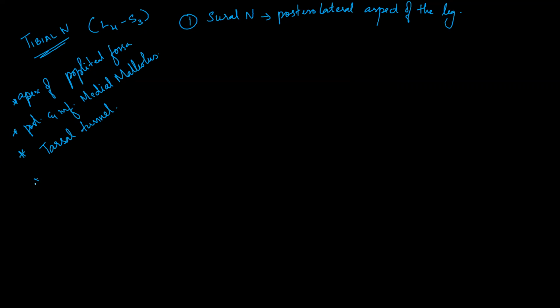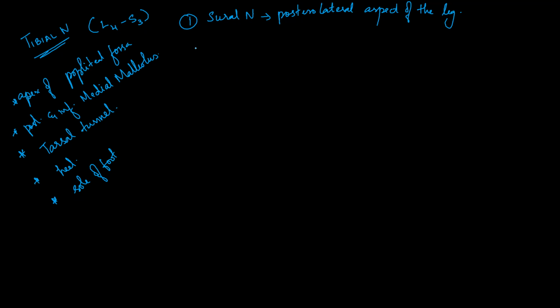Then it gives off the cutaneous innervation to the heel and terminates by dividing into sensory branches to the sole of the foot. That is the course of the tibial nerve in a nutshell.